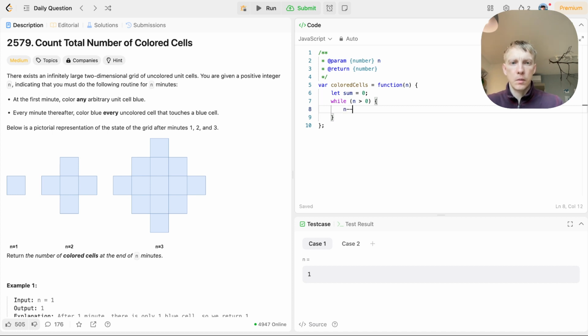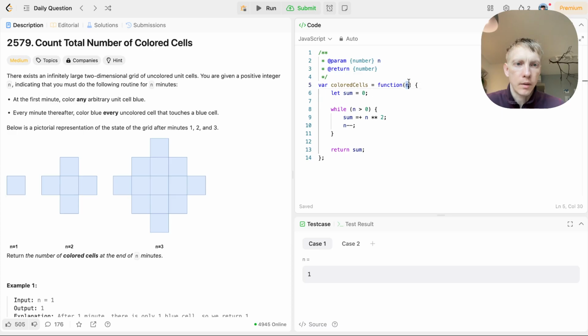We should decrement the number n, and we should add n to the power of 2 to the summary. And then we're just returning the sum. Okay, let's just check.